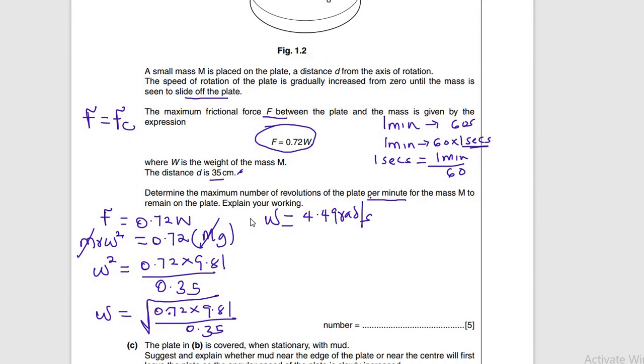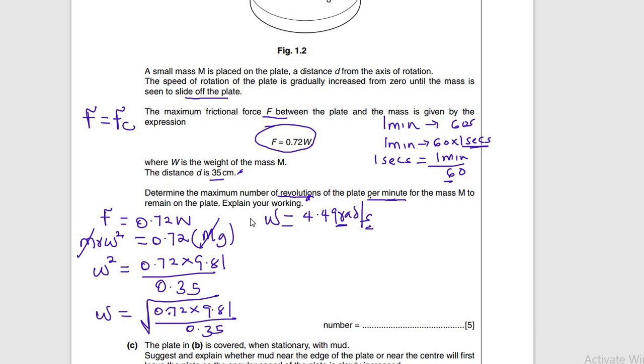At the end of the day, the question wants us to leave it in revolutions per minute. Already we have radians per second. So these radians must turn to revolutions, and seconds must turn to minutes. 1 second is 1 minute over 60.